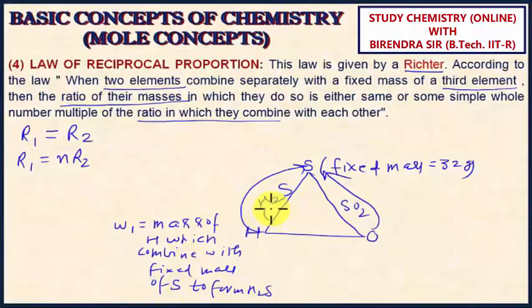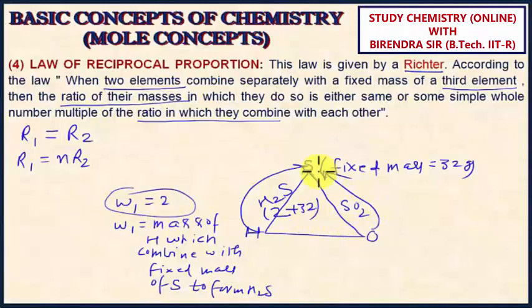If I say H2S, 2 gram hydrogen is there with 32 gram of sulfur. So obviously, if I am keeping fixed mass, 32 gram sulfur is there with 2 gram of hydrogen. So the mass of hydrogen here comes as 2 grams. So W1 comes as 2.